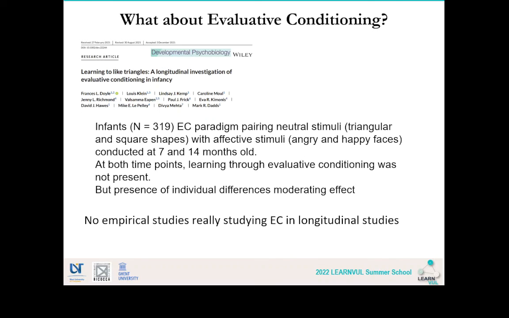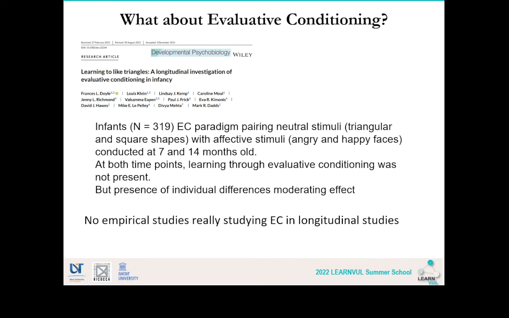Okay, but there were individual differences, in the sense that, if I remember correctly, the kids during the conditioning fixated more on the faces and showed a tendency to show an EC effect, rather than the ones looking at the shapes. So they look only at one or two, but not both.